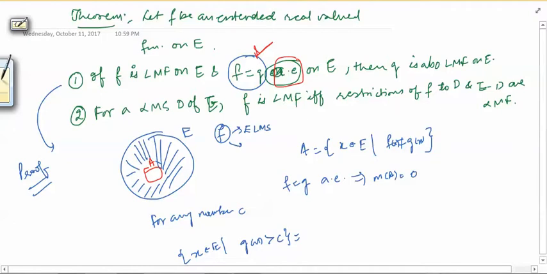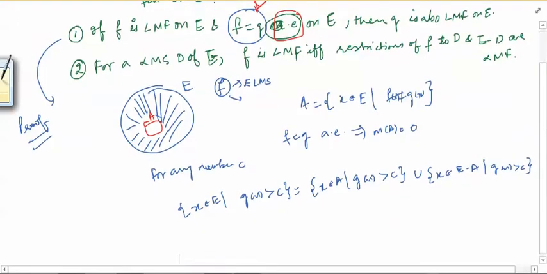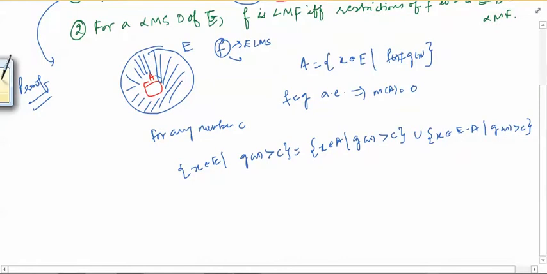So I am writing it like this: x belongs to A such that g of x is greater than C, union with x belongs to E minus A such that g of x is greater than C. I have done nothing, I have just written it in two parts, because A and E minus A are disjoint, so I can write it like this.